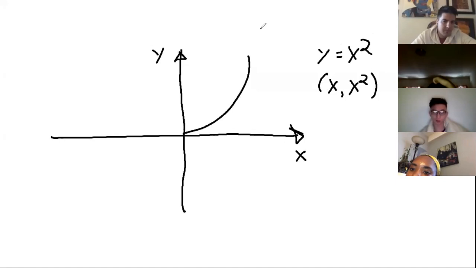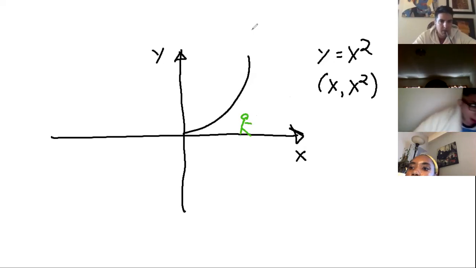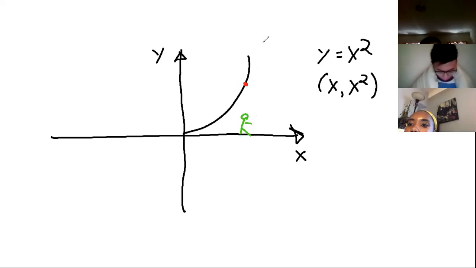Then let's suppose that we have two astronauts that are making a spacewalk. So there is the astronaut walking on the x-axis, right? And he's looking at this point over here, and he's seeing that there is a tangent line.